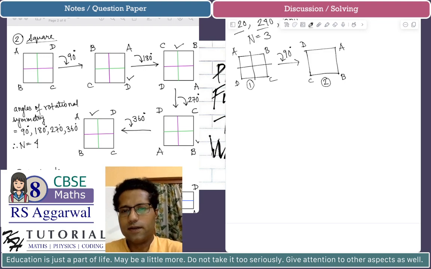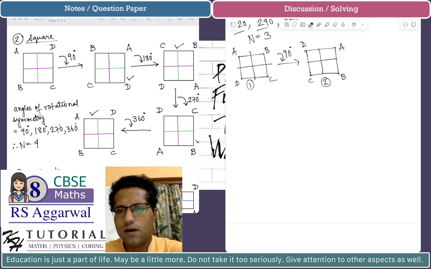So we have rotated the square 90 degree clockwise, and in position 2 this will be its position, and we can see that clearly the square is looking identical. So the square at position 2 is also looking identical.